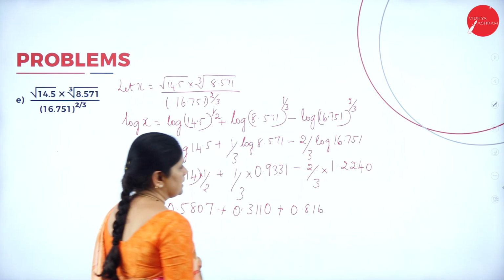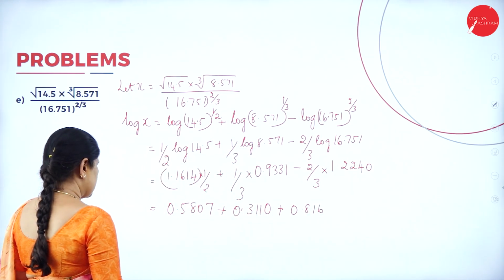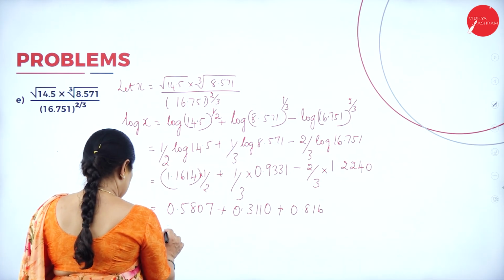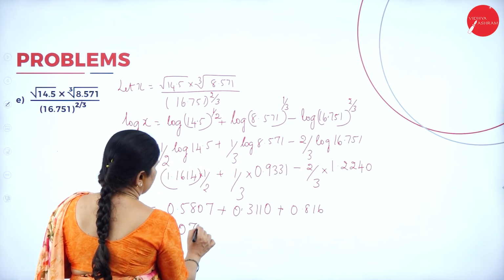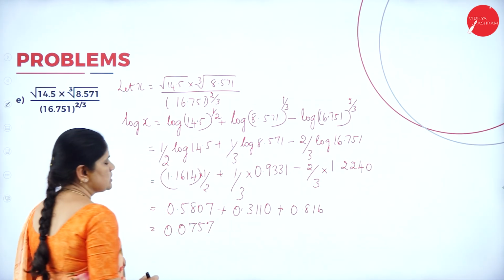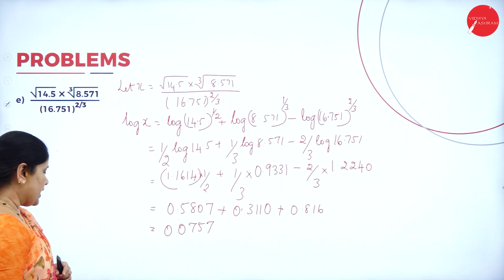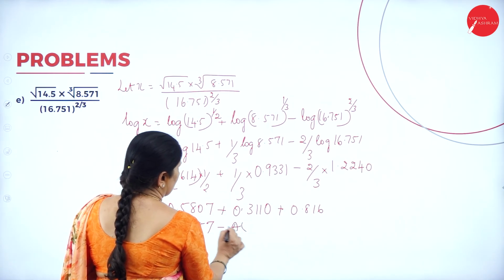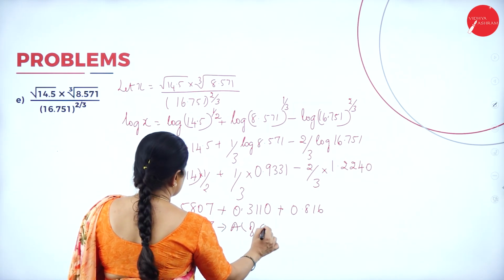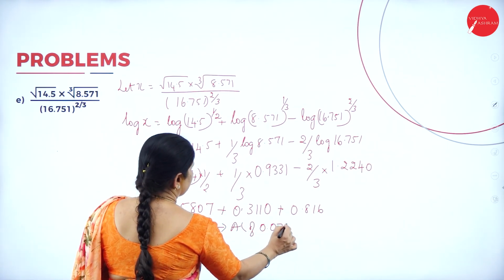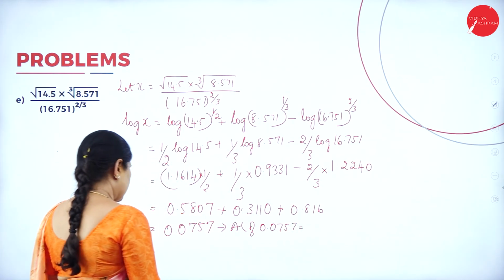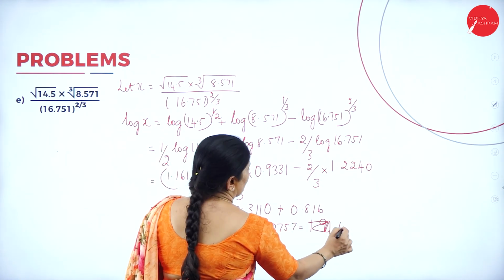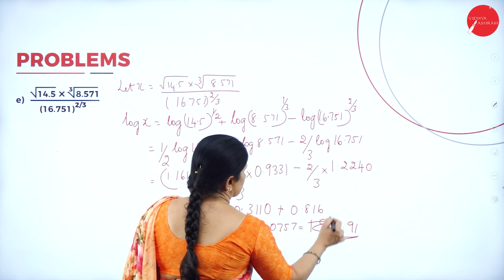So when I simplify this further, I get 0.0757. So I have to find the anti-log of 0.0757. So that will be equal to 1.91 is the answer.